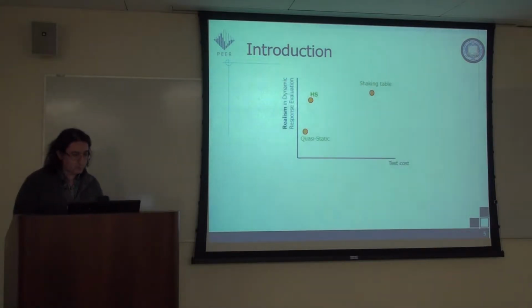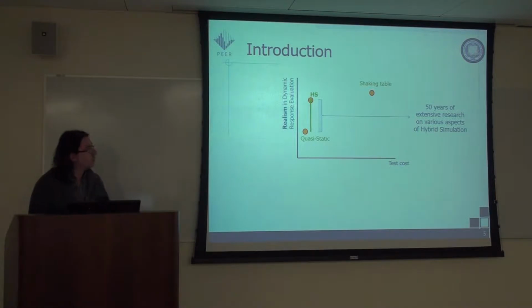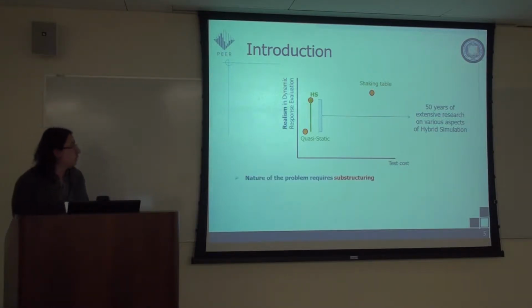And obviously, this great achievement and efficiency did not happen overnight. It required a lot of research, including 50 years of research on various different aspects of hybrid simulation. And what are these aspects?